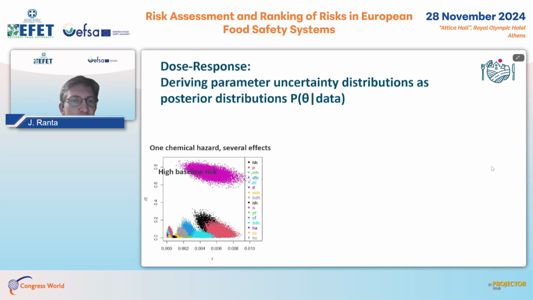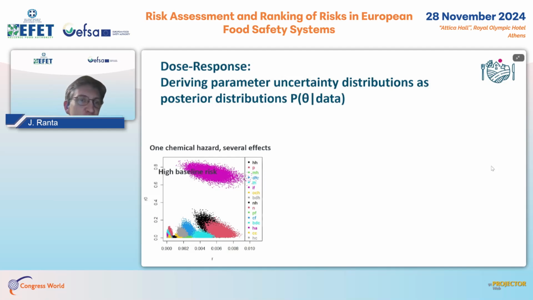There's one dose response function for each of those effects, and those clouds of points just describe the uncertainty distribution of the parameters. You can see that some parameters for some of those effects become estimated more accurately than others. So there's a big difference in the amount of uncertainty that we have based on the data, and this uncertainty could be reflected in the final estimates.